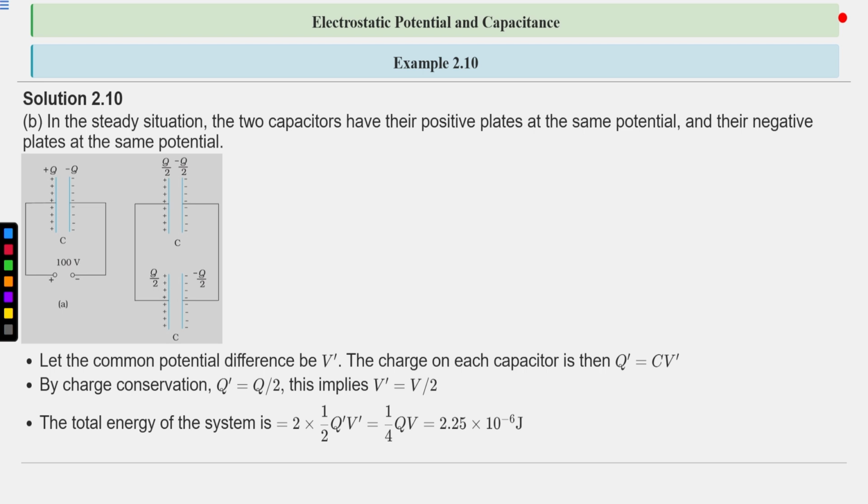The total energy of the system of two capacitors is 2 into half Q dash V dash. Half Q dash V dash is the energy of one capacitor, and multiplying by 2 gives the energy of both capacitors. After putting in Q dash and V dash, we get 2.25 into 10 to the power minus 6 joule, which is half as compared to the energy in the previous case.